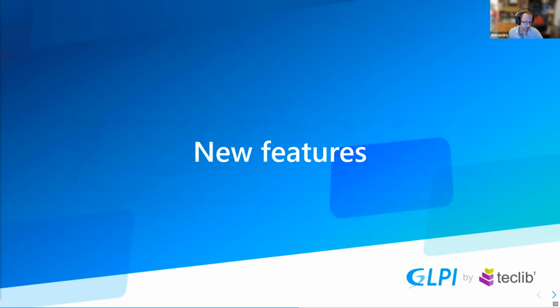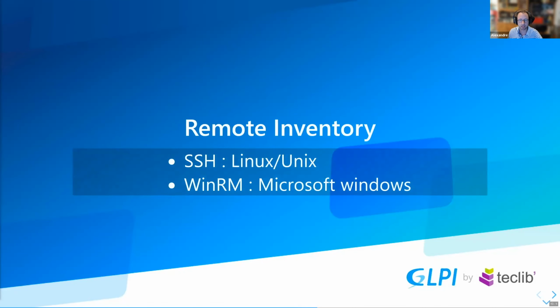Let's talk about new features of the GLPI agent. We have a lot of topics here, and I think it will be interesting for you. The most important one is remote inventory. With this feature, for Linux and Unix we use SSH, and for Windows we use the WinRM protocol.